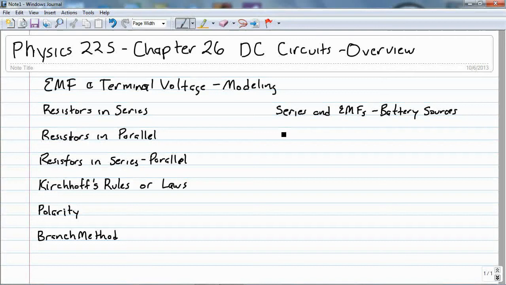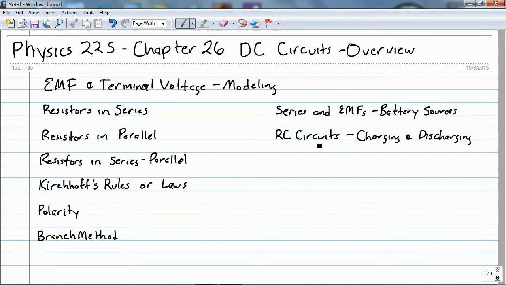Then we'll look at RC circuits, and that is going to be both charging and discharging. And after that, we will do some RC circuit examples.